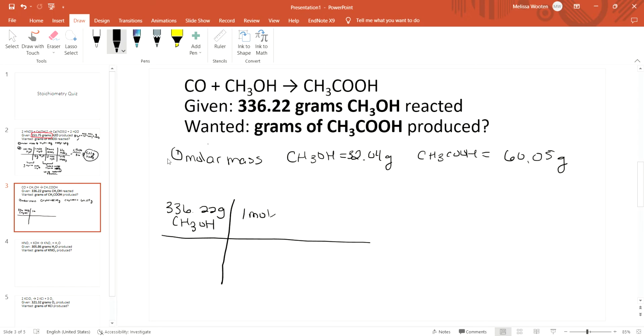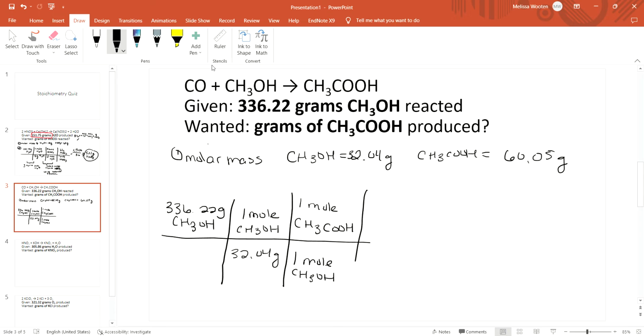One mole of CH3OH is 32.04 grams. Alright, to go from moles of CH3OH to moles of CH3COOH using my balanced chemical equation, it's just a 1-to-1 ratio because all my coefficients are 1. Then we have to go to grams.